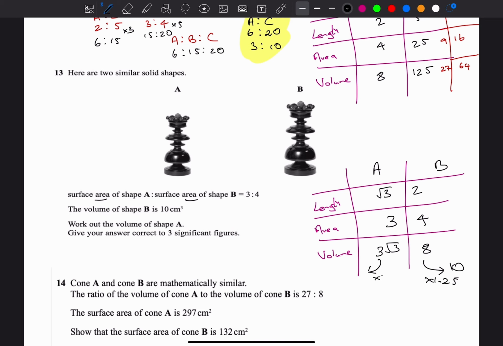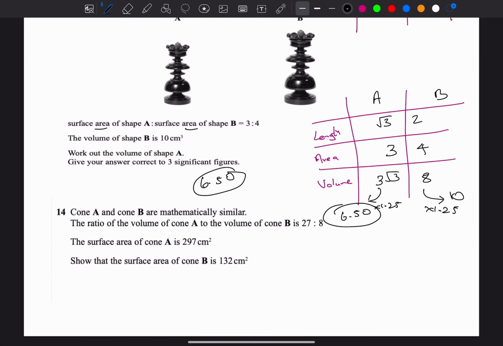So I'm just going to go 3 root 3 times 1.25, which will give you the answer to 3 significant figures: 6.50. Okay, 6.50. That will be the volume of A.